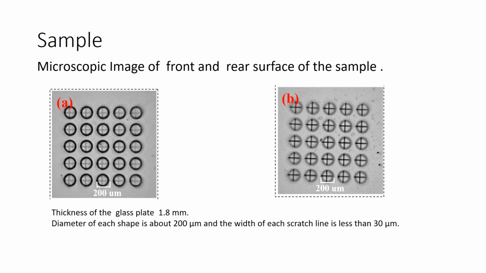So this microscopic image shows the microstructures on the front and rear surfaces. So it represents two layers of a sample at a depth of 1.8 millimeter.